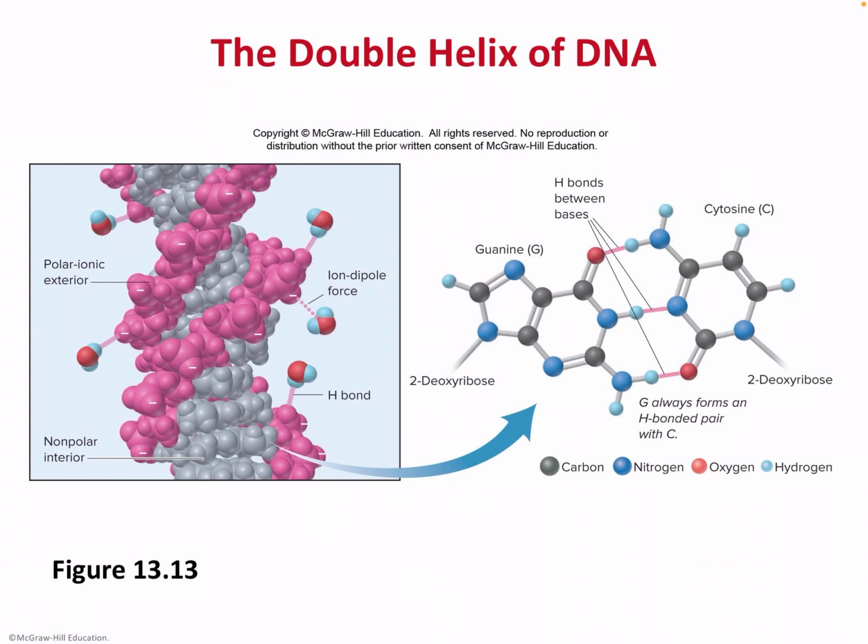And then the double helix of DNA. We know the DNA is two strands, right? We all have seen how it looks. So it also has a polar ionic exterior and non-polar interior. It's non-polar. And then you will also see ion dipole forces, hydrogen bonds existing in the double helix.